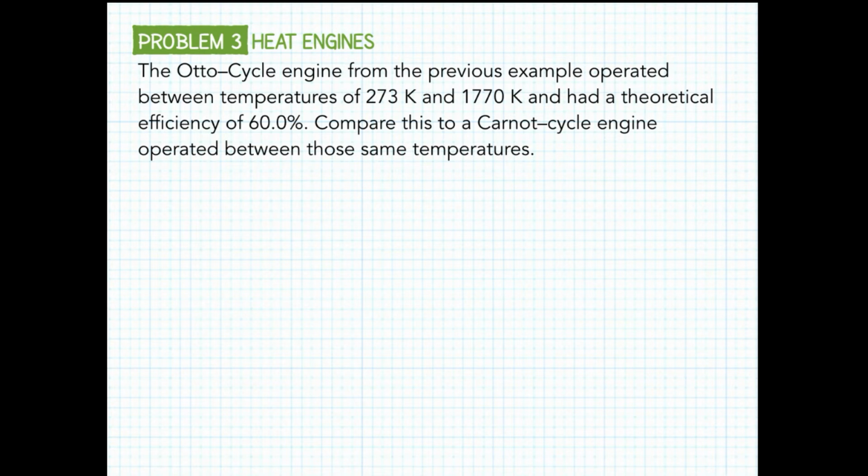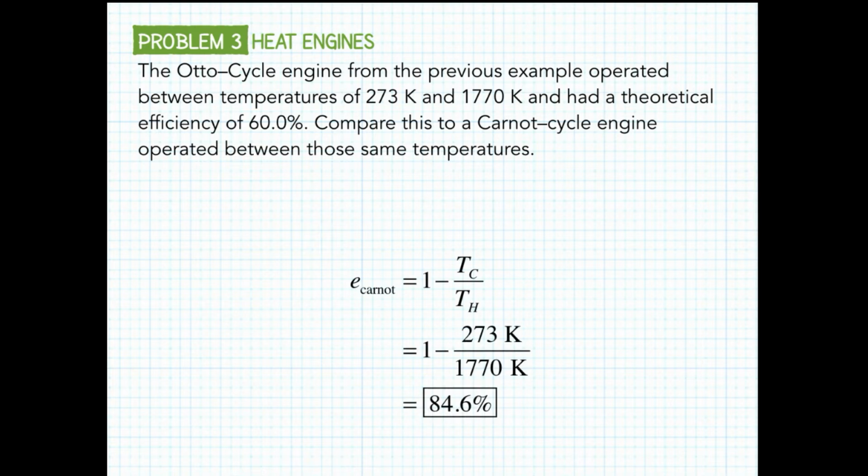The maximum efficiency this engine could have, if you adjust it to all the best parameters, is the Carnot efficiency. Maximum efficiency is also always the Carnot efficiency. So we plug those numbers in, and we get about 84.6%. This means that the maximum efficiency you could ever get from an Otto cycle engine with these temperatures is about 85%, and that's bigger than the 60% we actually got.